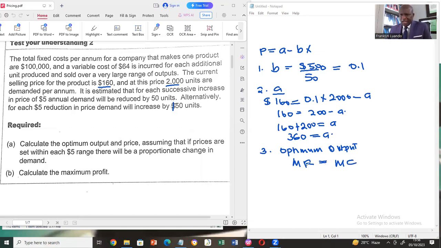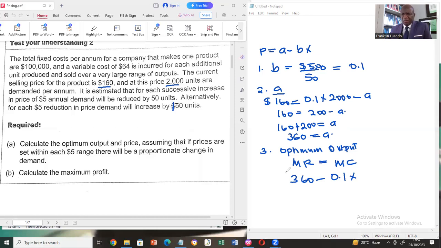Marginal revenue, when we put in the formula, we already have 360 minus 0.1X. So that is the formula.